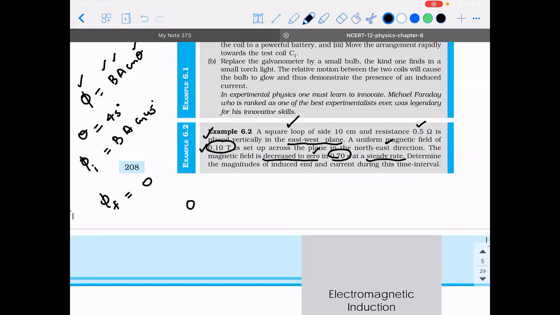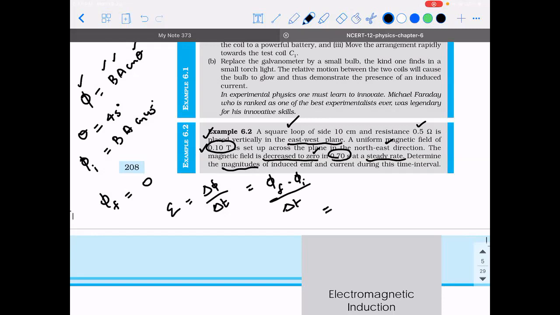So what is going to be the induced EMF? Here you find the magnitude, that is enough, because there is a minus sign in the formula. E is equal to delta phi divided by delta t. What is delta phi? Phi final minus phi initial, divided by delta t.